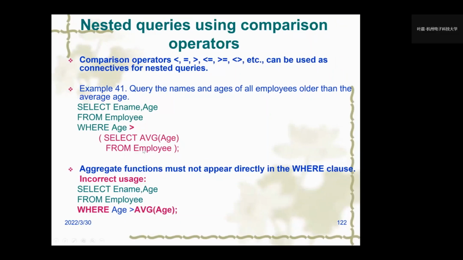So here we use a subquery, and we know that this average age must return a single value. So we can use the larger than operation here.